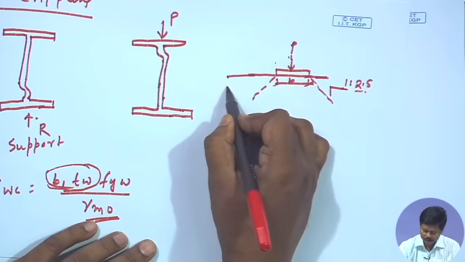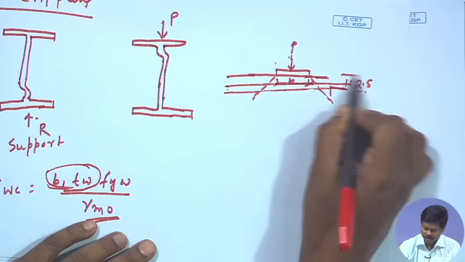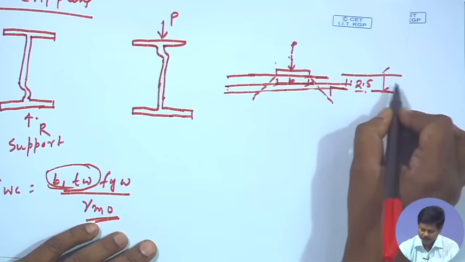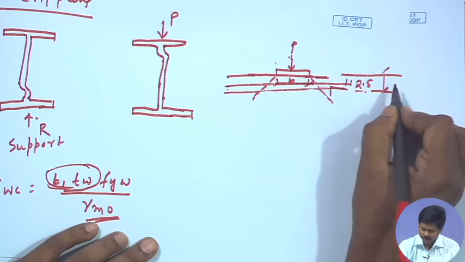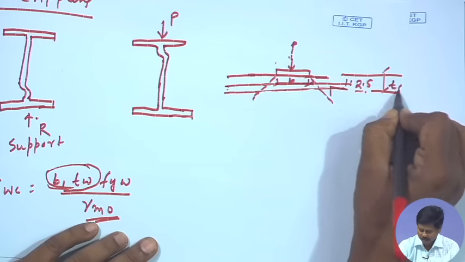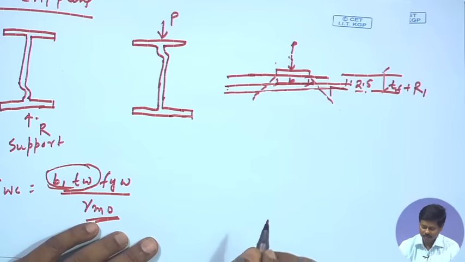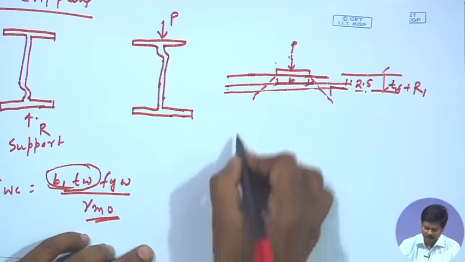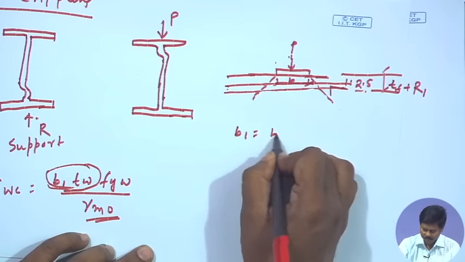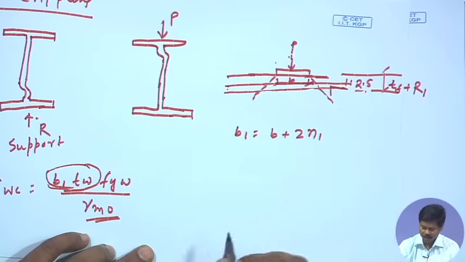If this is the flange and this is the root radius, then this value will basically be tf plus r1, root radius, and this b1 will become b plus 2n1, and n1 is basically 2.5 into tf plus r1.